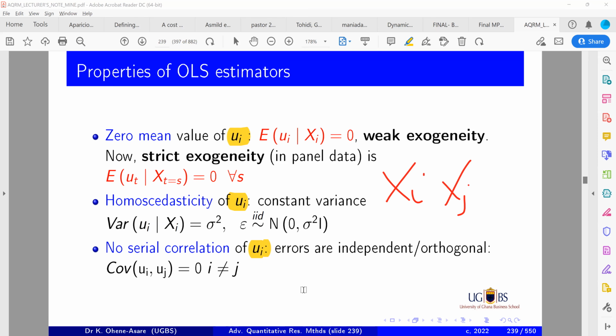You see the word? x_i and x_j are highly correlated, then we have an issue of multicollinearity. Now here we are not talking about x_i and x_j. What are we talking about? u_i and then u_j. So when the errors are highly correlated, then we have an issue of autocorrelation or serial correlation. And one of the assumptions of regression is that there mustn't be that.